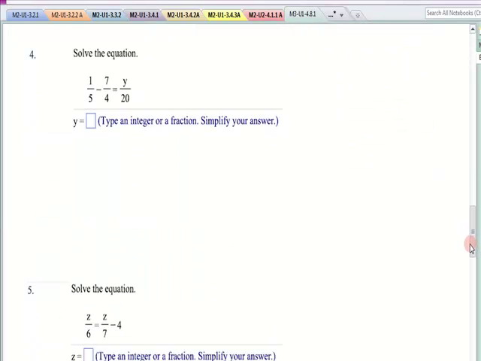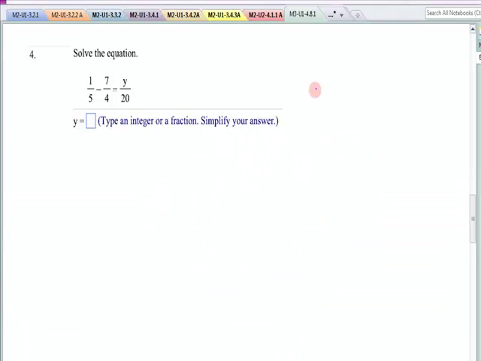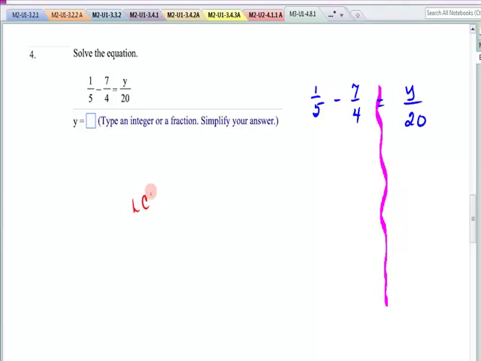All right, let's look at number 4. I have 1/5 minus 7/4 is equal to y over 20. When you have an equation that has fractions, you look for the LCD. The least common denominator of 5, 4, and 20 is 20. I'm going to multiply each of these terms by 20.